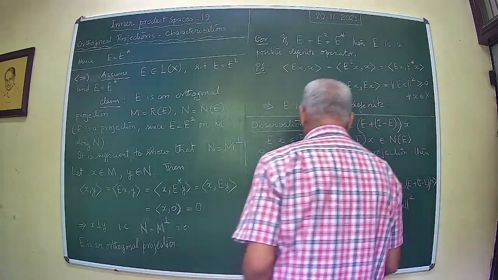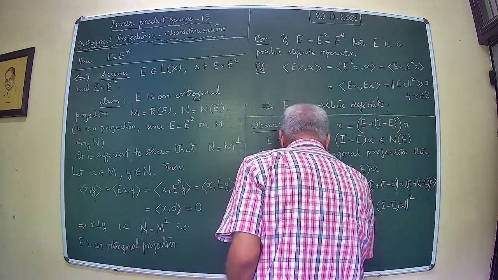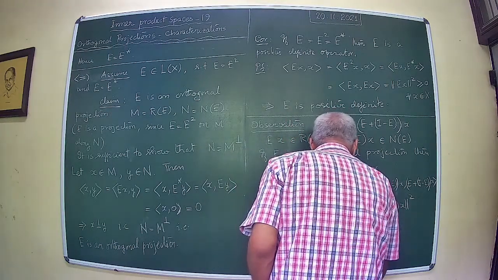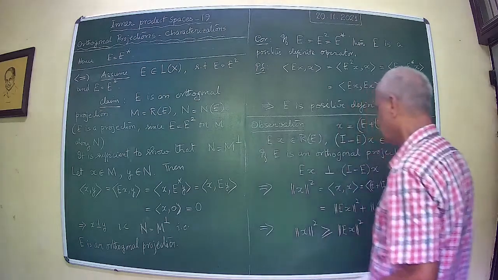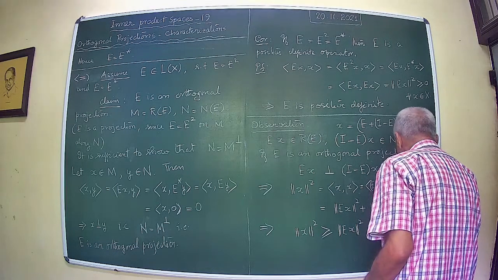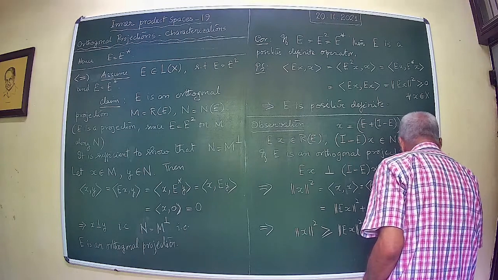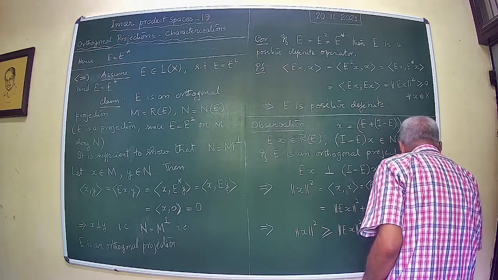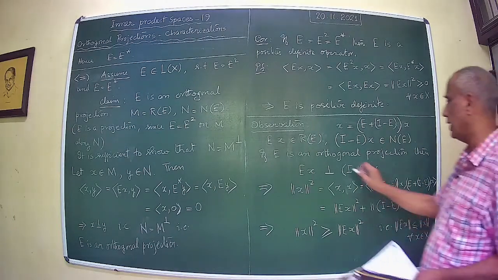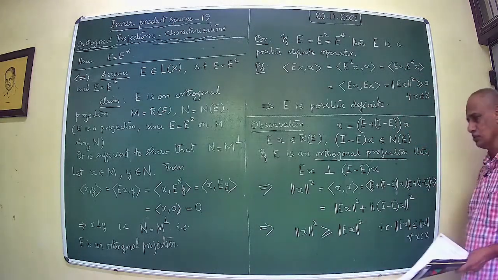It follows that the norm of Ex is at most the norm of x. So whenever E is an orthogonal projection, then this is what follows. That's very easy to verify.